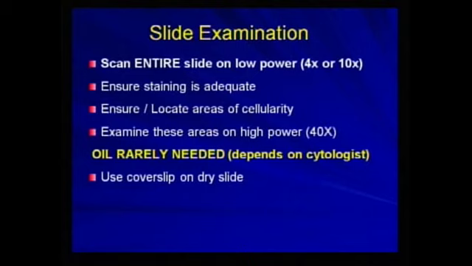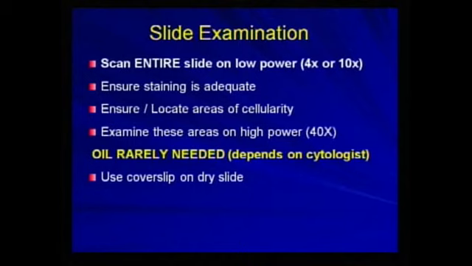When we approach the examination of cytology, it is important that the first thing we do is to scan the entire slide on low power. I generally recommend 4x because obviously this is going to help you identify the areas of the slide which have optimal cellularity. And on paucicellular slides, you may only have cells in one small area of the slide.